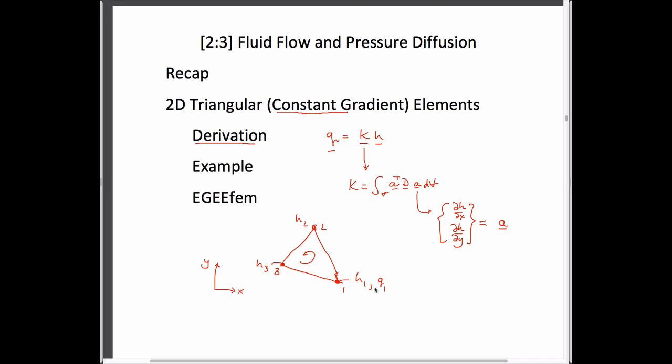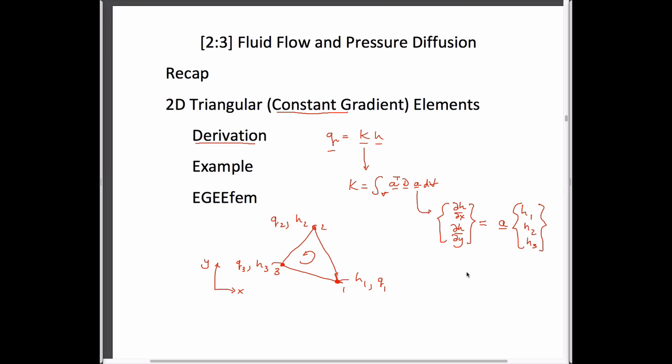One is a head, one is a flux. And this links the values of nodal heads to the gradients of those. These are our derivatives of the heads. These are the magnitudes of the nodal heads that we define here. And by definition, our A matrix is defined as that.